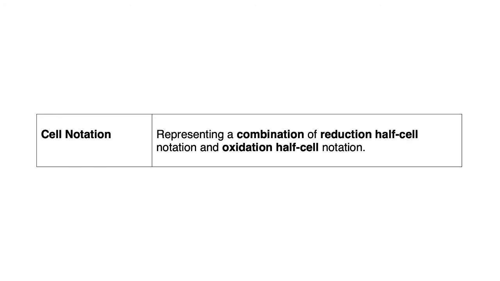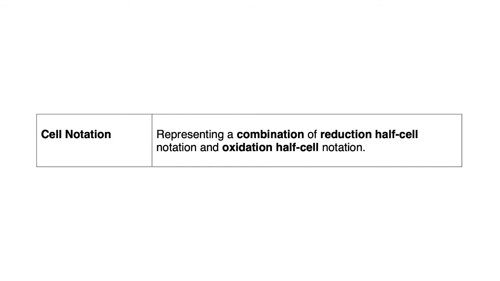Now, there's another thing that you have to know, which is how to write cell notation. So what is cell notation? Cell notation is a representation of a combination of the reduction half cell and oxidation half cell. So this is a kind of writing.